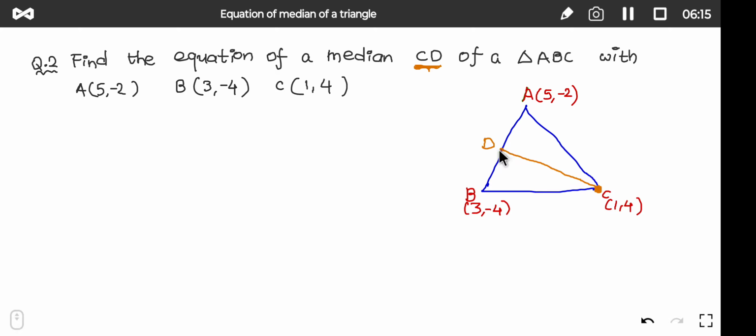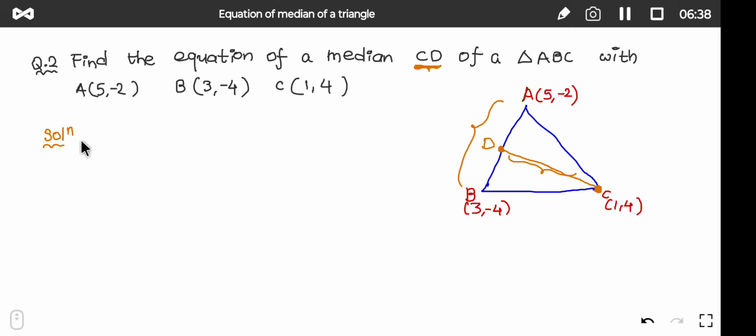That means this D is a midpoint. But now this D is a midpoint of which line? D is a midpoint on the AB side. Okay, so we'll start with the midpoint formula first. We have to find out the equation of this line C to D. So C point we know, but to find out the slope we require the point D as well.